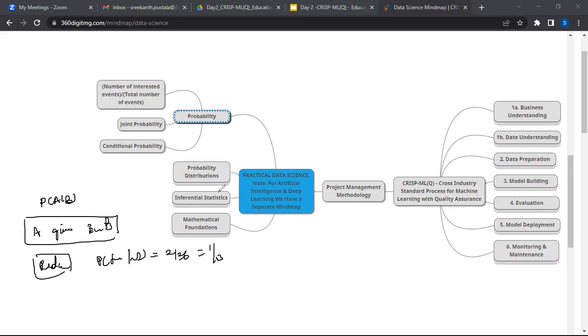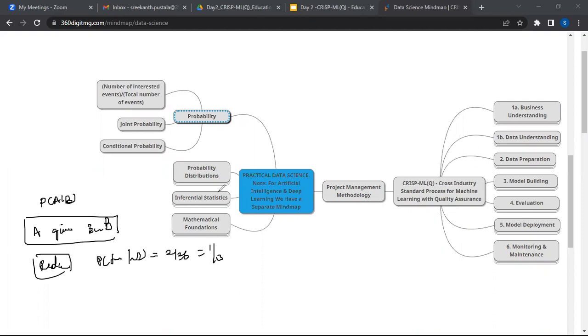In the same way, we have something called joint probability. So what is joint probability?